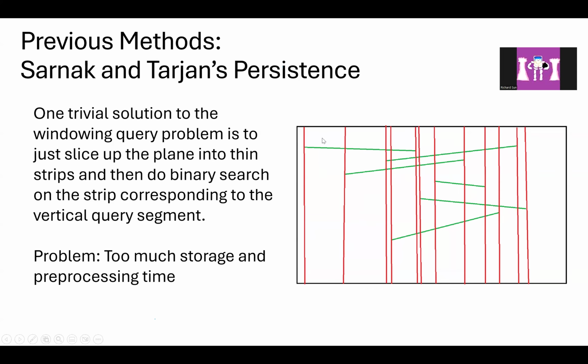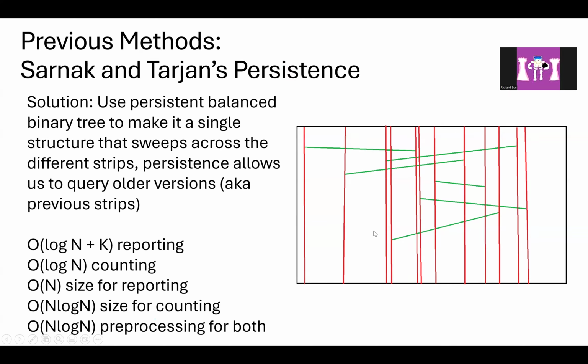At the first time it looks like this, and then as you go rightwards across the strips, you update the tree. The persistence property allows you to go back and query the strip you care about, to see what it looked like.